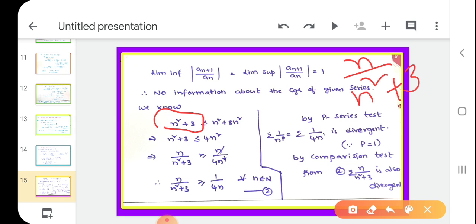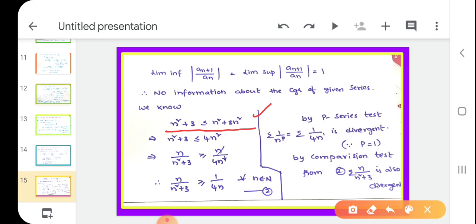Is it right or not? n square plus 3 is always less than or equal to n square plus 3n square. n square is the same. Which one is bigger, 3 or 3n square? 3n square is bigger, so we write n square plus 3 is less than or equal to n square plus 3n square. What is the value of n square plus 3n square? So I write n square plus 3 is less than or equal to 4n square.